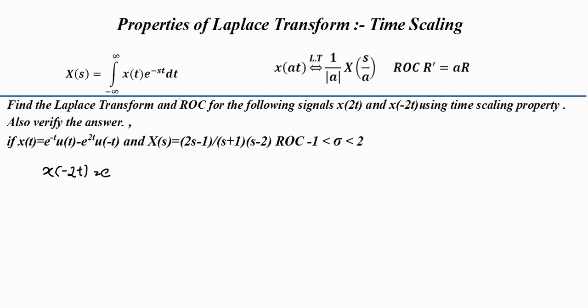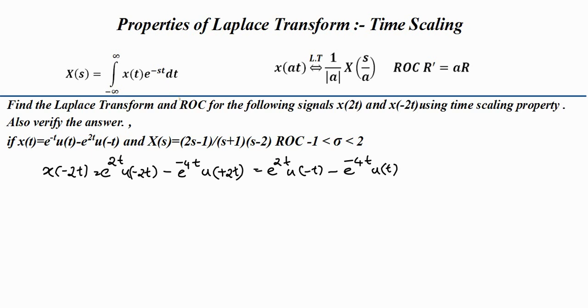I can write e^(-2t); if you replace t with -2t, it becomes e^(2t) u(-2t) minus e^(-4t) u(2t)... I can rewrite it like this: e^(2t) u(-t) minus e^(-4t) u(t).